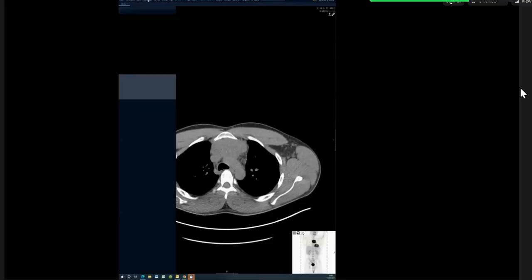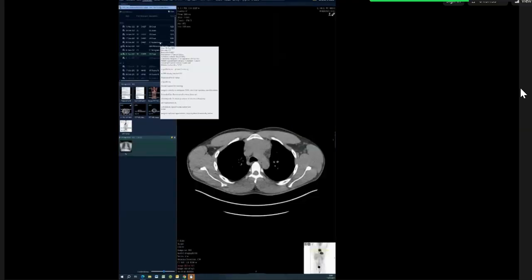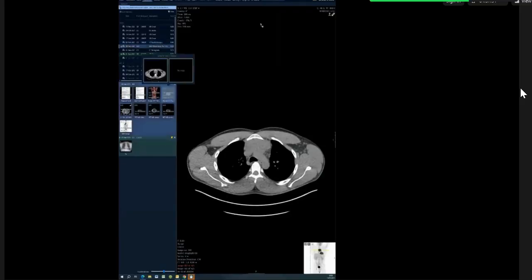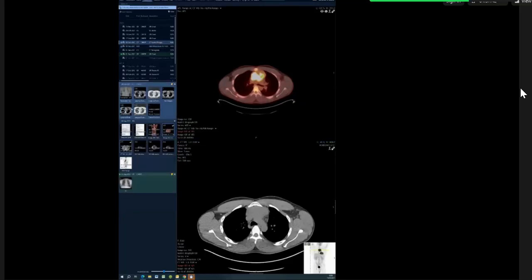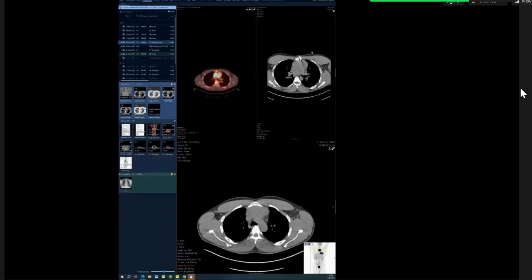It looks homogeneous, and I can see that it's showing intense avidity. Next steps would be a biopsy to confirm diagnosis of lymphoma, which is what this is most likely to be.